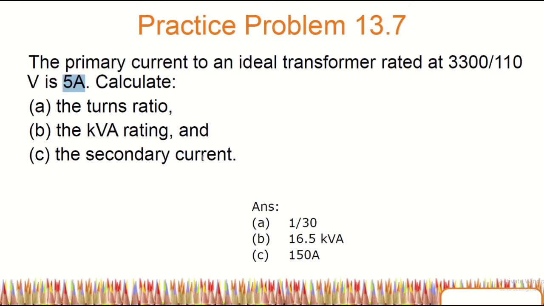You can use the same formula that we did from the previous question, and please try this example, and the answer will be this over here. Please try to get the answer correct.